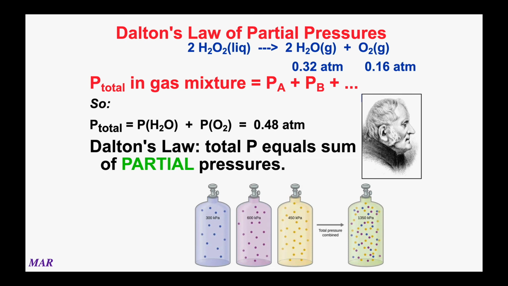So Dalton's law of partial pressures just is adding up all the individual pressures to give the total pressure. And sometimes this can be helpful. So if you knew the total pressure was 0.48 atmospheres and you knew you had 0.32 atmospheres of water, then you could find the oxygen by going 0.48 minus 0.32. That can be kind of handy sometimes in chemistry.